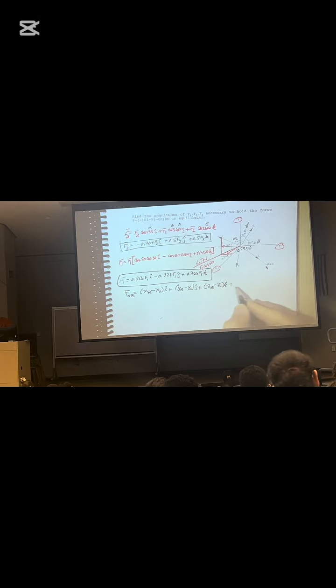Well, that's going to be 6 minus 0 is 6 i, 6 minus 0 is 6 j, and then minus 3 minus 0 gives me minus 3 k. Magnitude of ROB is 9.